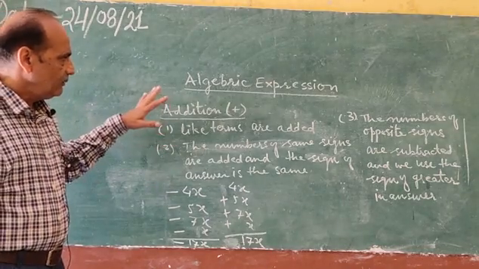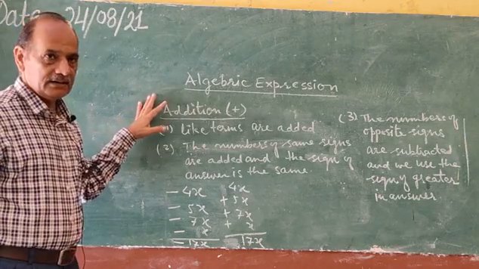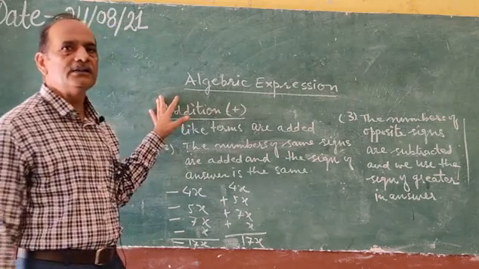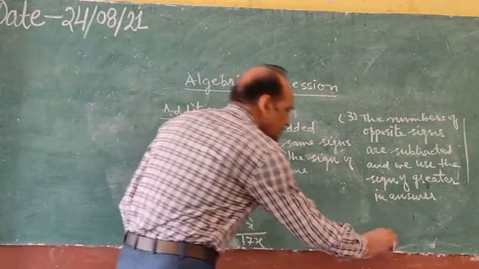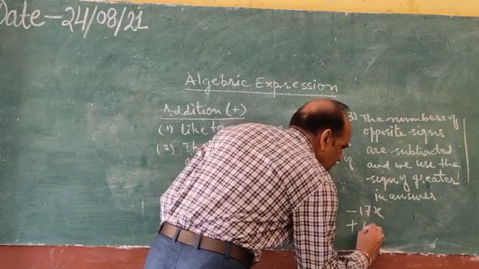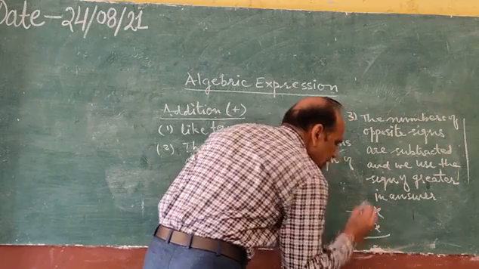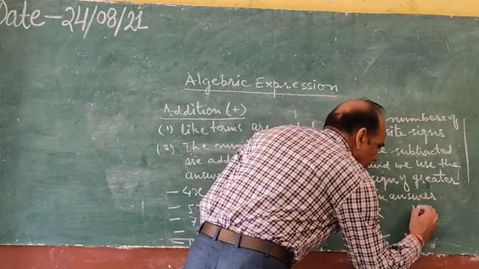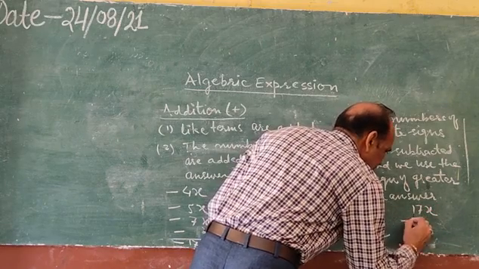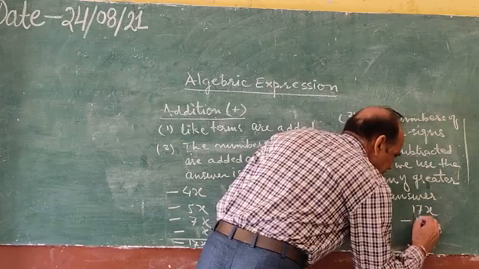Although this operation is addition, there is addition and subtraction in addition operation also in algebra. Suppose that minus 17x plus 13x and plus 13x plus 17x minus 13x.